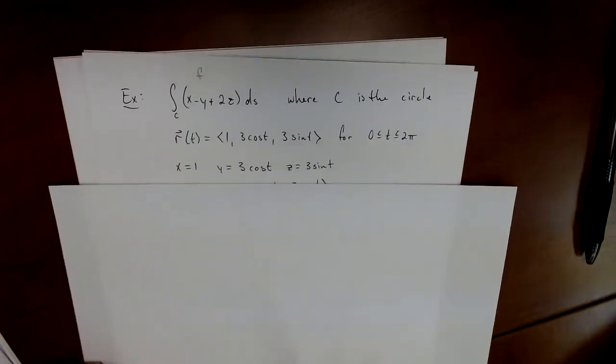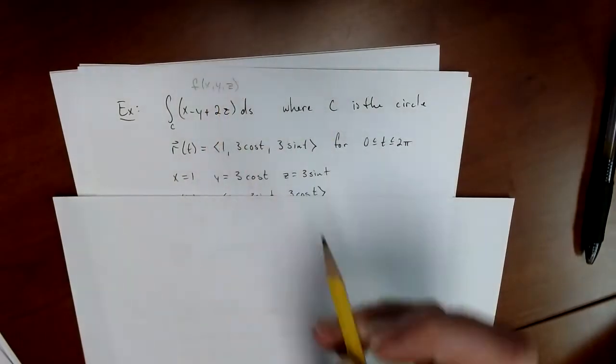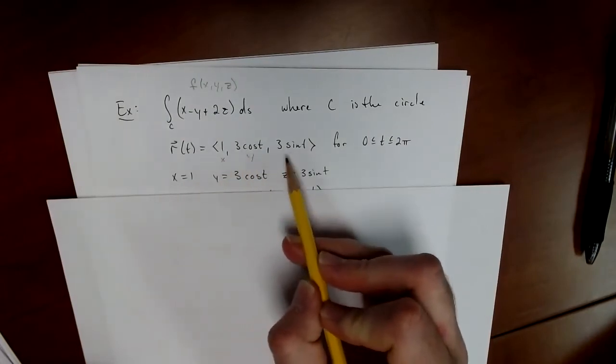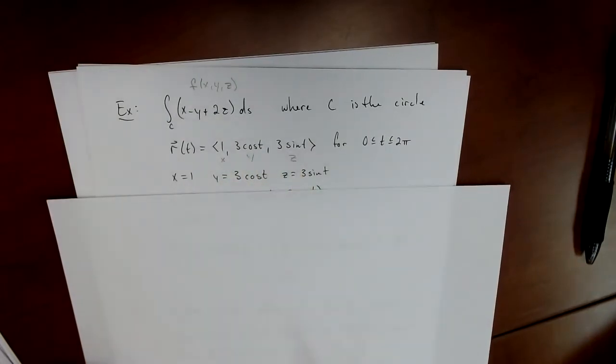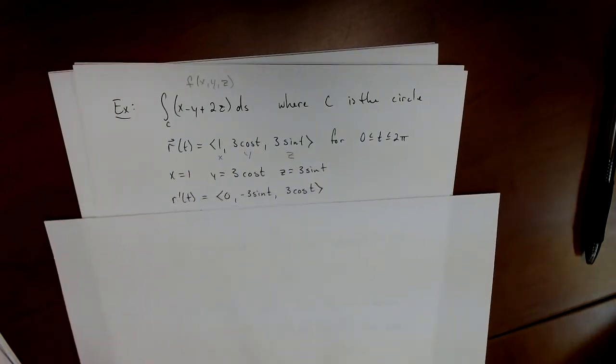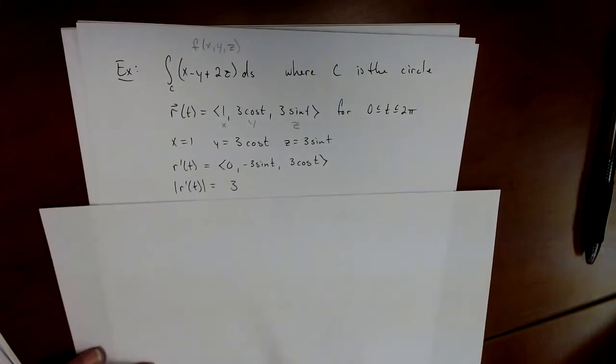So the different pieces we're going to need. Remember, this was f of x, y, and z. So just calling out that this is x, this is y, and that's z. And we're also going to need r prime. That's a quick derivative, and that's a really easy magnitude because of trig.